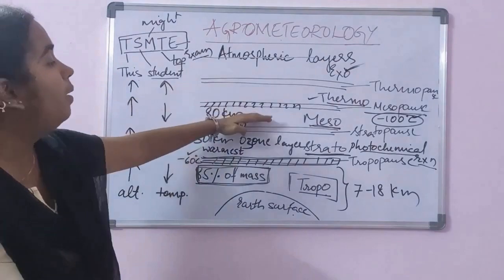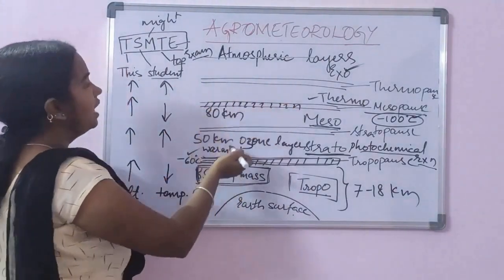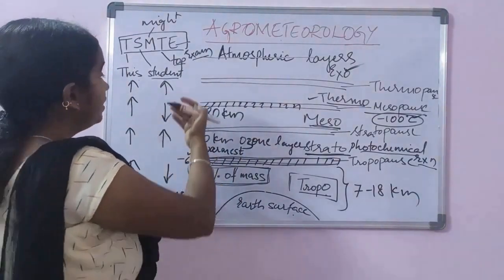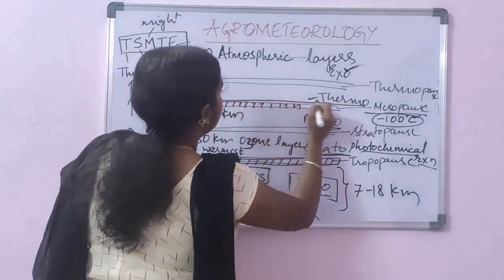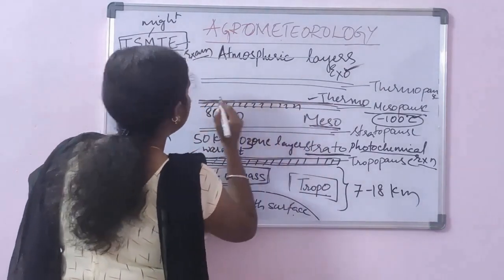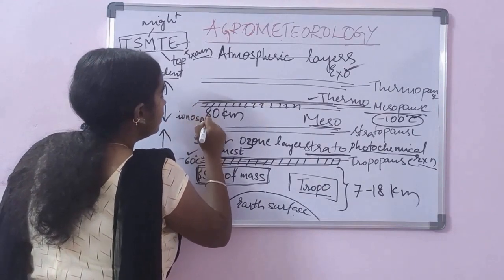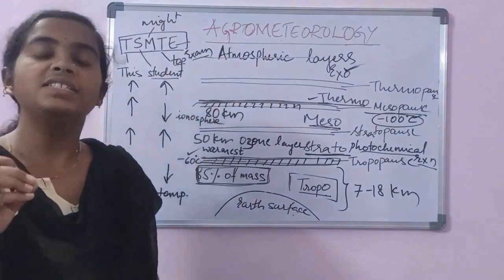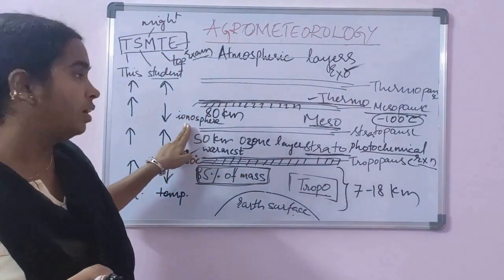And above the mesosphere we have a thermosphere. Thermosphere, as I have told you, as there is increase in the altitude or the height, there is increase in the temperature again. At the bottom of the thermosphere we have a thin layer which is called as ionosphere. In this ionosphere, all long distance radio communication takes place.